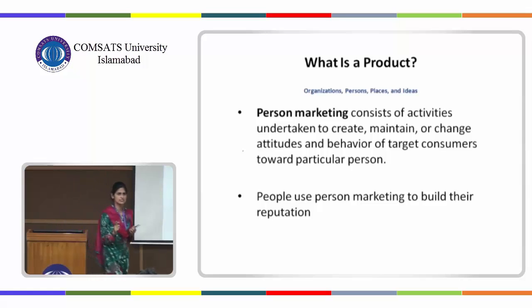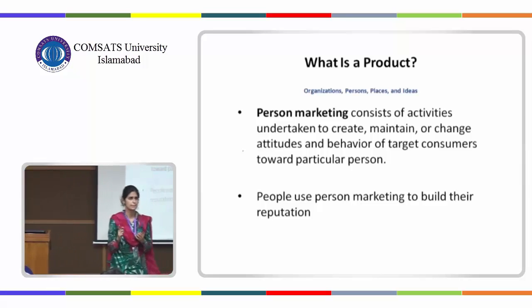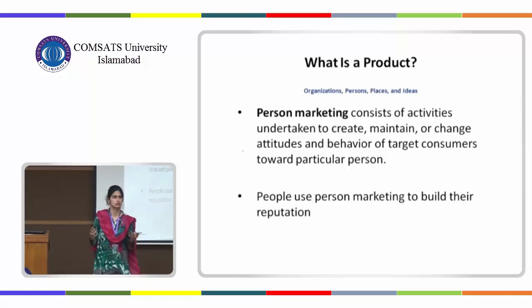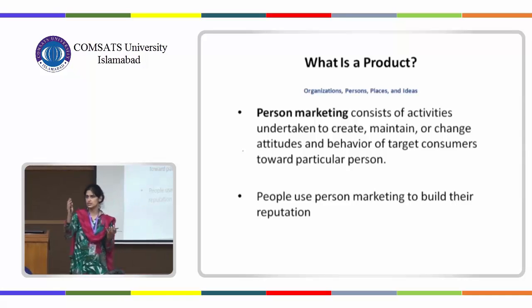Now you also have person marketing. What is person marketing? Person marketing is where a person is being marketed. So you have Shah Rukh Khan becoming such a huge name. That is all because of person marketing. Do you know how much Tiger Woods generates out of celebrity endorsements? $100 million a year.